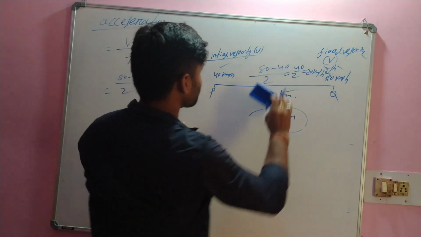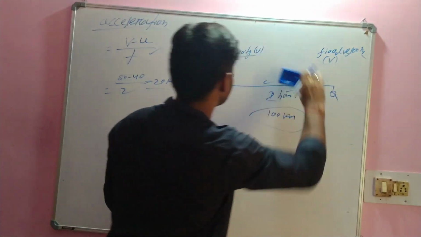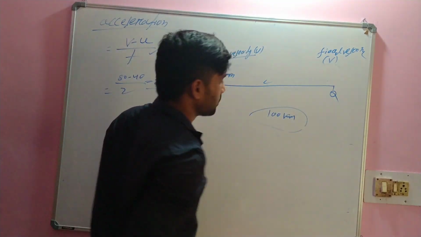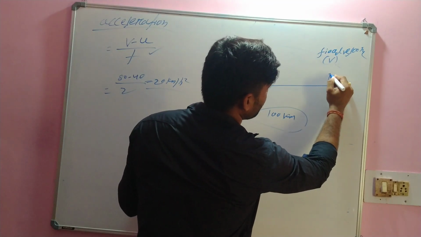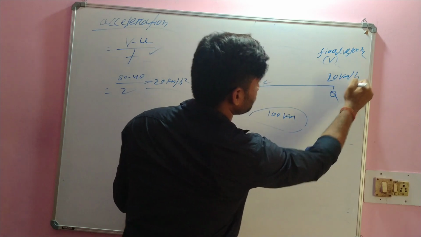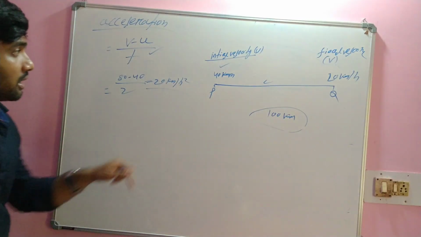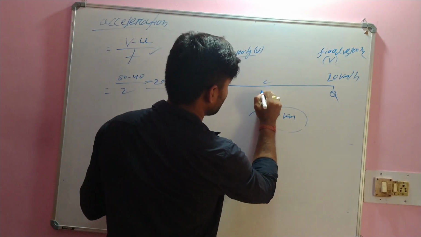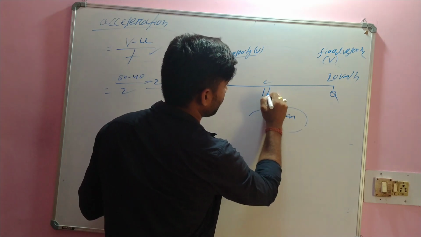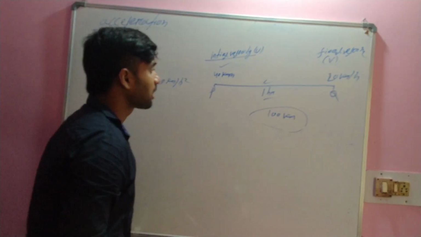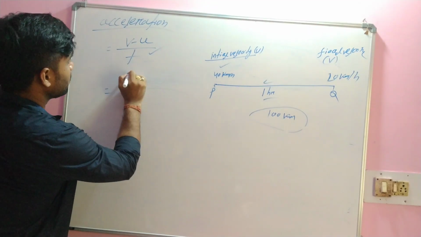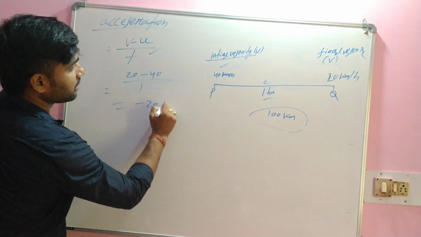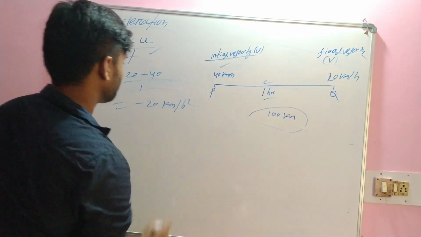Suppose the initial velocity is 40 and final velocity is 20 km per hour. That means speed decreases. It took, suppose, 1 hour. So acceleration is 20 minus 40 by 1, that means minus 20 km per hour square.